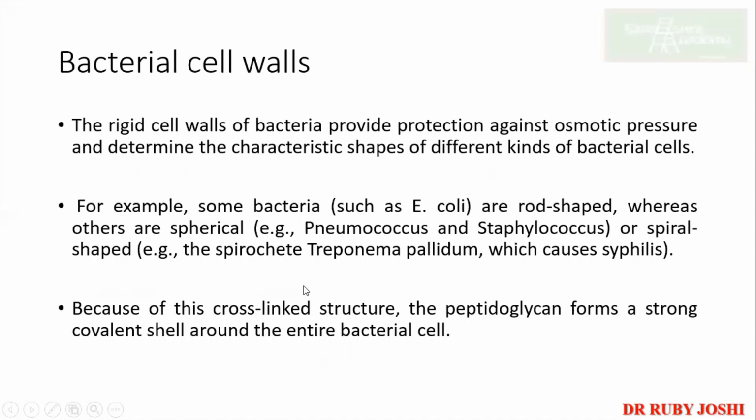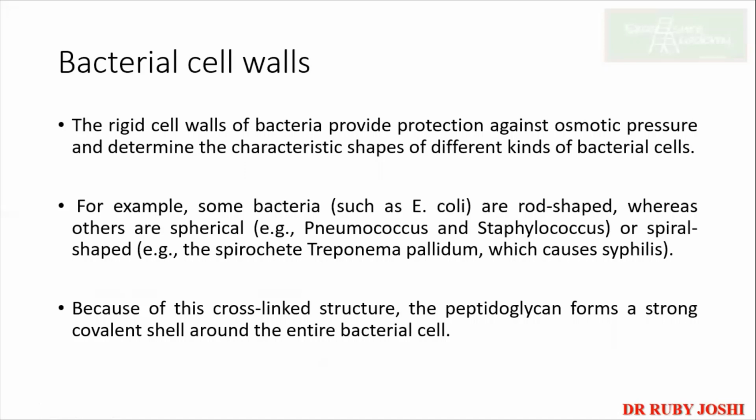Now coming to the bacterial cell wall. The rigid cell walls of bacteria provide protection against osmotic pressure and determine the shapes of the different kinds of bacterial cells. So now we will know why spherical bacteria are spherical in shape, and why rod-shaped bacteria are rod in shape.